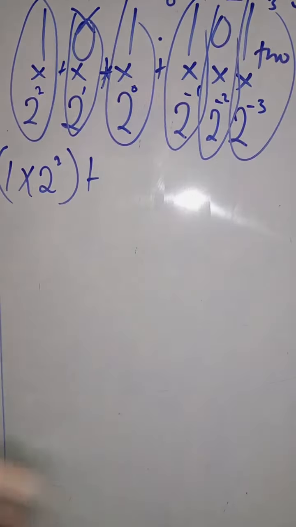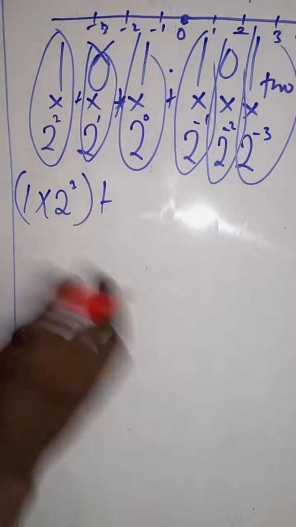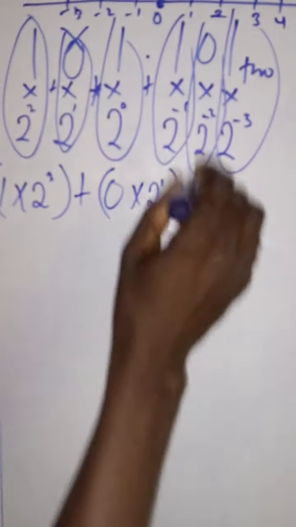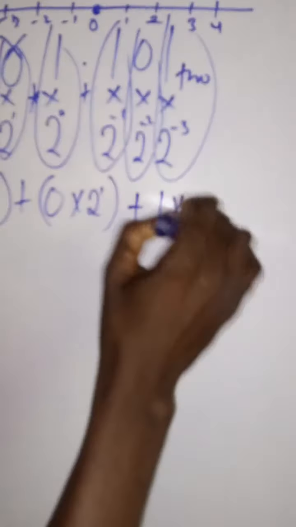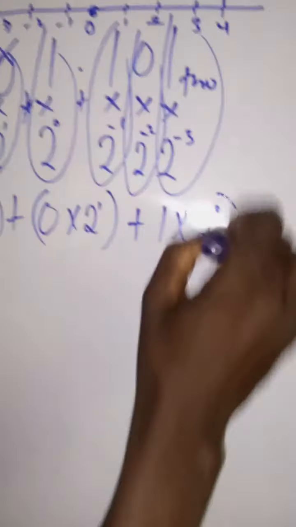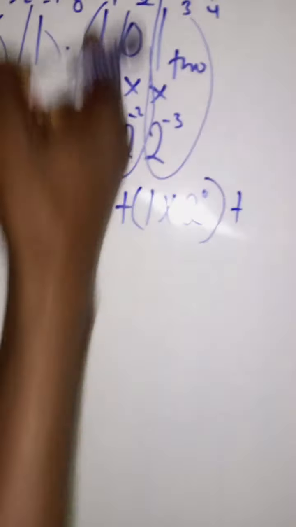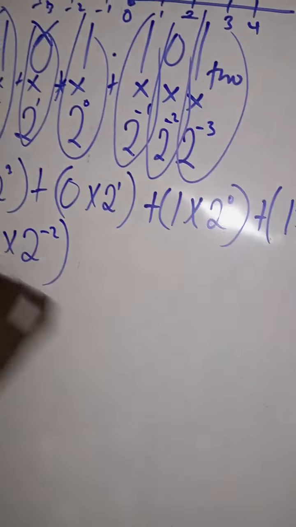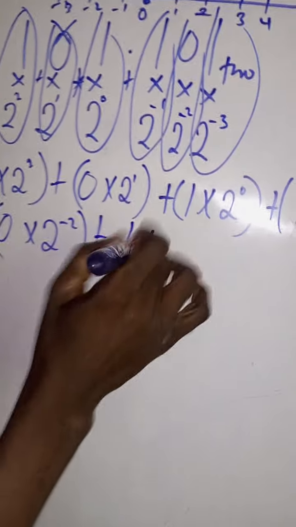But for theory's sake in WAEC, I think you need to spell it out. I mean the senior WAEC. So we have this raised to power 0. Add. Now we are coming to this side. 1 times 2 raised to power -1. Add. And we have 1 times 2 raised to power -3.